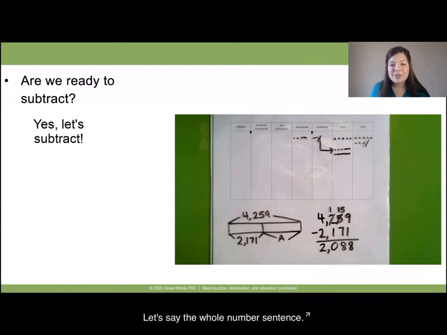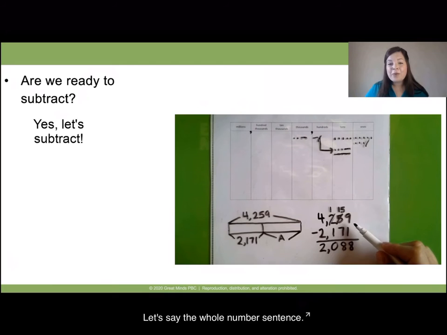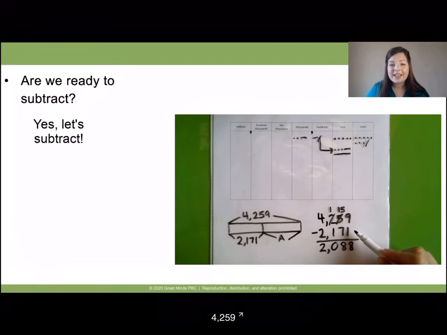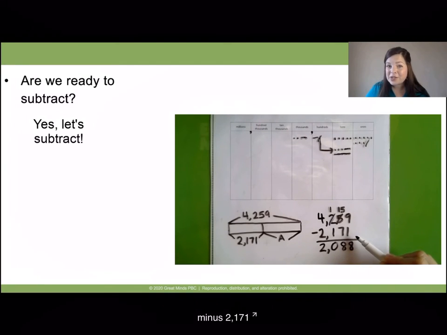Let's say the whole number sentence. 4,259 minus 2,171 equals 2,088.